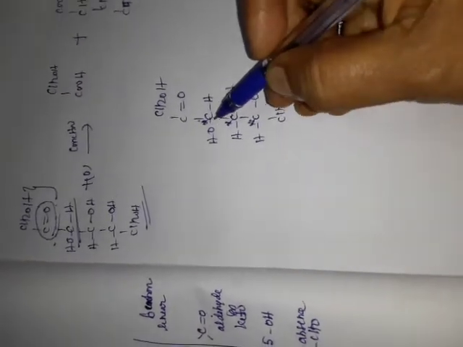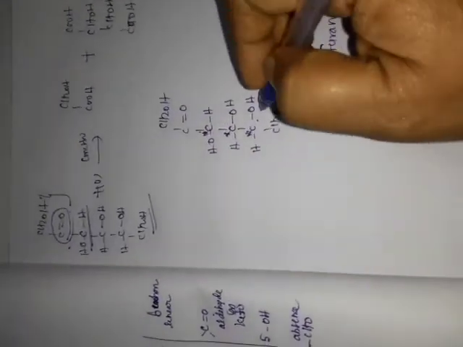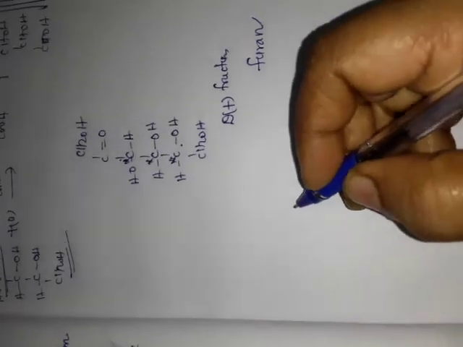This is the open chain structure, CH2OH, CO, COH, HOH, HOH, CH2OH. This is D-fructose, the open chain form. Now this open chain can be drawn in ring form, a closed structure. It is a 5-membered ring we are getting. See how I am drawing. I will show the structure.